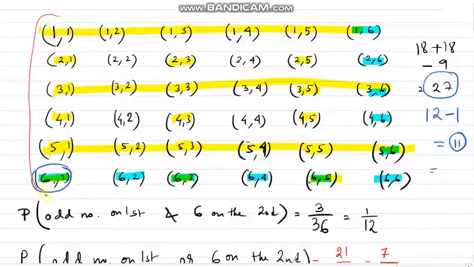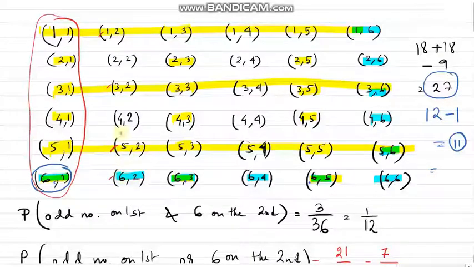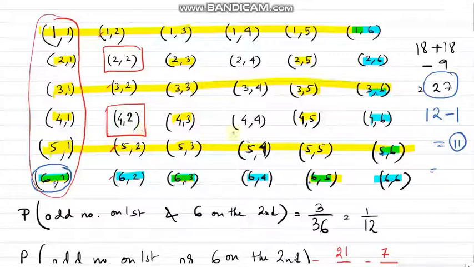So in this line there is no such event, because all the events have 1. In this line just check 1, 2, 3, 4. In these 4 events, either an odd number or 6 is there. So these 2 events don't contain an odd number or 6. Similarly this line we have odd numbers, all the numbers.